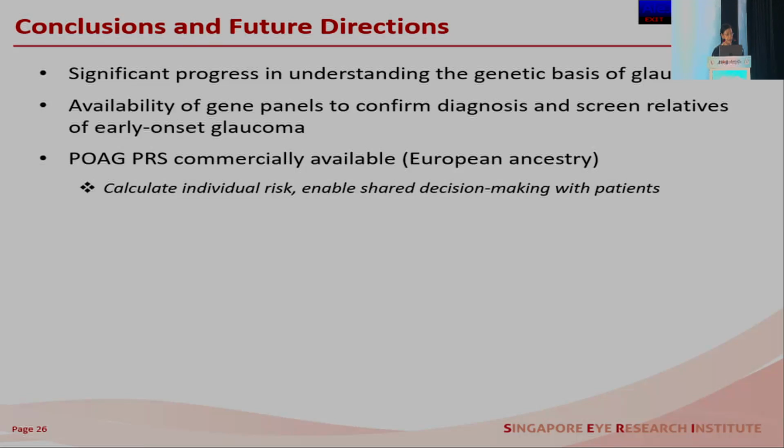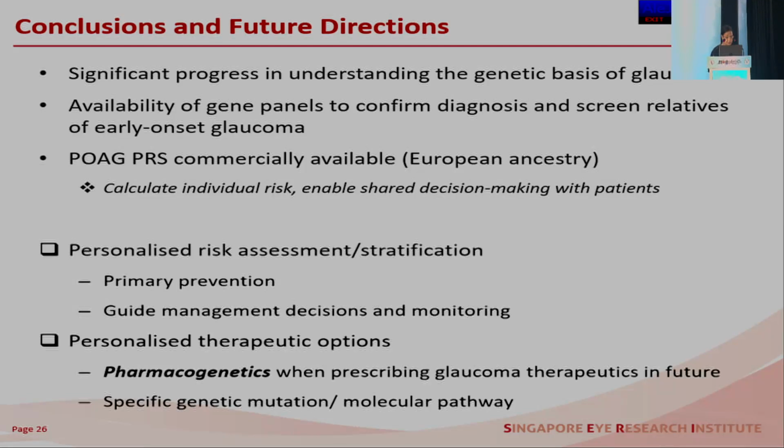So in summary, there's been significant progress in understanding the genetic basis of glaucoma. For early onset glaucoma, there are gene panels available to confirm diagnosis and screen relatives. And for adult onset glaucoma, we now have commercially available polygenic risk scores, of course currently applicable only to persons of European ancestry. So what do we hope to see in the future? What are we likely to see?